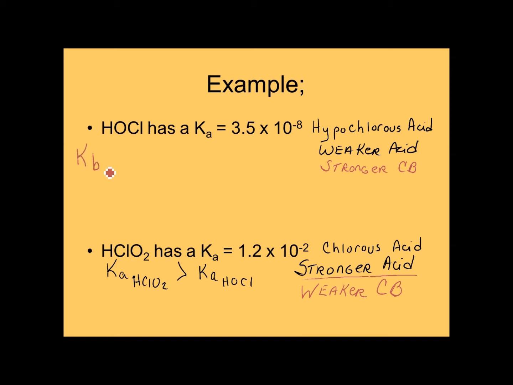The Kb of the conjugate base, which is the OCl minus ion, will be Kw over the given Ka, which is 10 to the negative 7, and that's going to be equal to 8.3 times 10 to the negative 13.